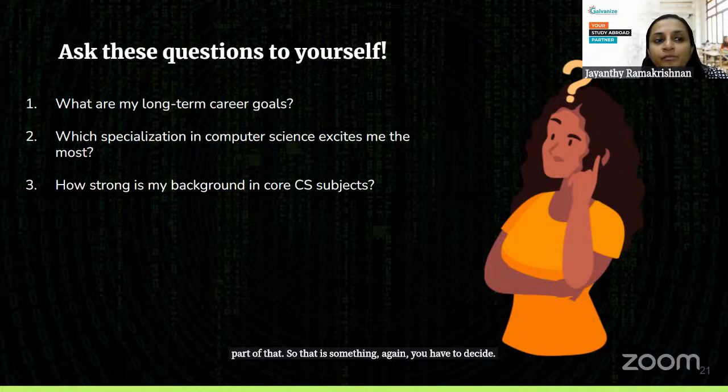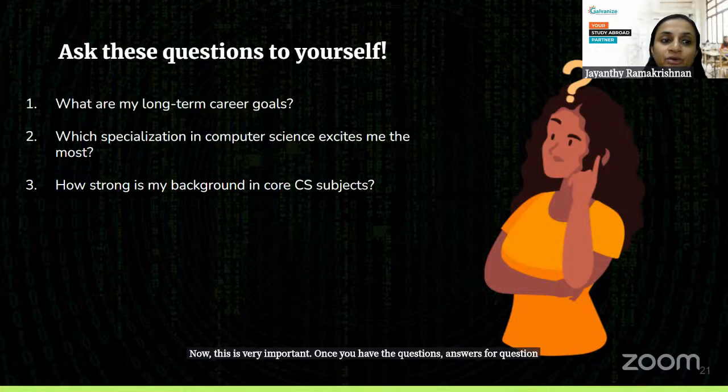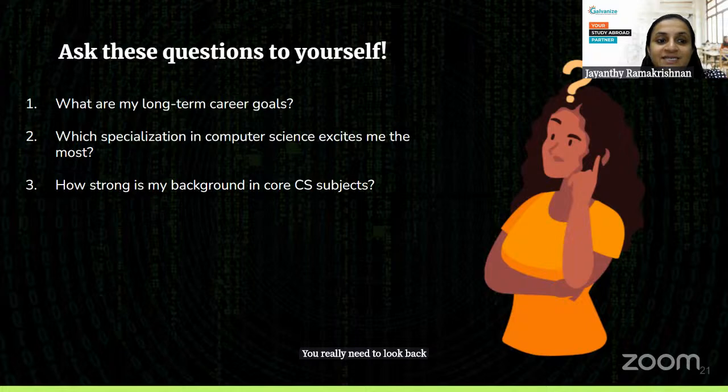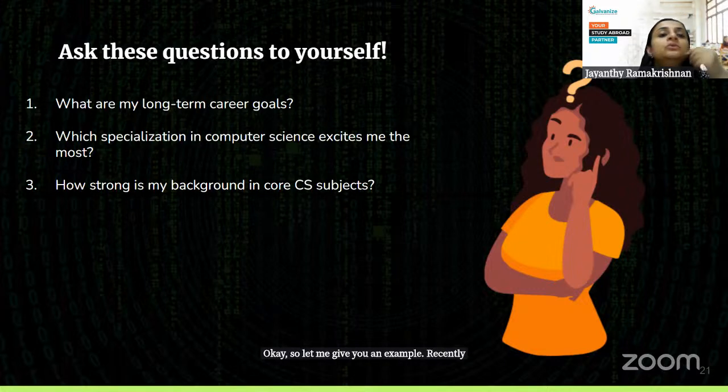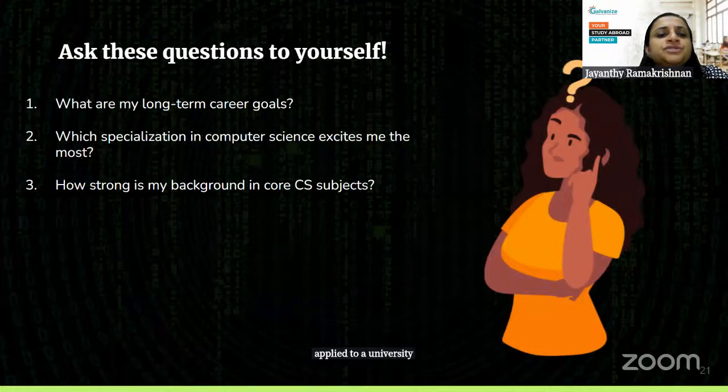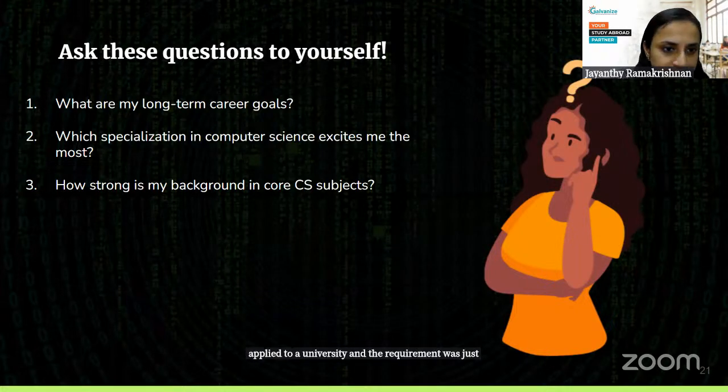Now, this is very important. Once you have the answers for question number 1 and 2, you really need to look back at your profile and see, is your CS background strong? In the core CS subjects, is your background really strong? Okay, let me give you an example. Recently, we had a student who applied to a university, and the requirement was just having 70%.